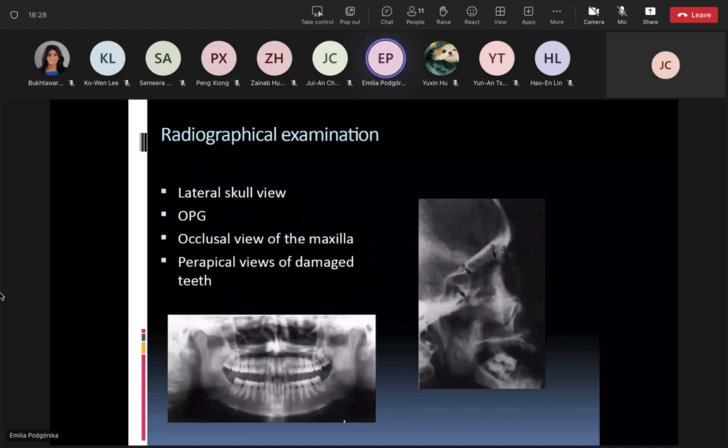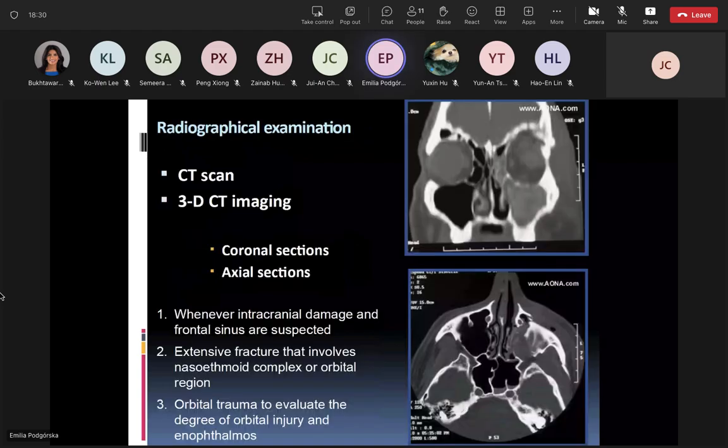CT scan and 3D CT imaging, coronal sections and axial sections, whenever intracranial damage and frontal sinus are suspected, extensive fracture that involves nasal-ethmoid complex or orbital region, orbital trauma to evaluate the degree of orbital injury, and anatomy.